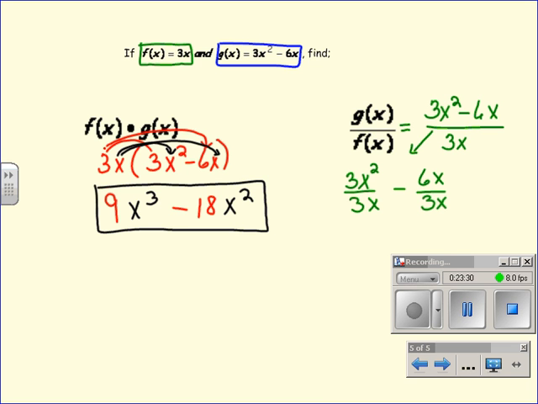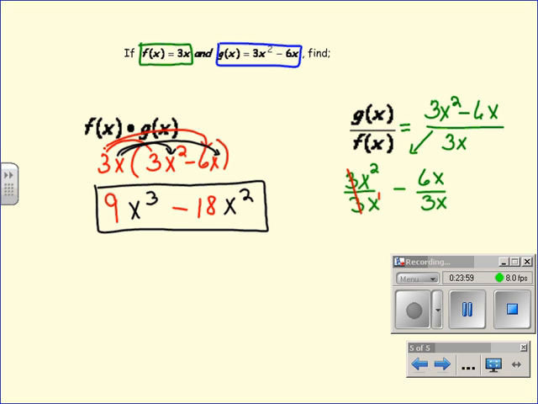So from here, I'm going to simplify both of my fractions so that I can subtract them. So I can first start with my 3 over 3, and that's going to cancel out to 1. And then I have x squared divided by x, and as you recall from the unit with exponents, the x on the bottom, the denominator, has an exponent of 1, so that's the same as saying 2 minus 1.